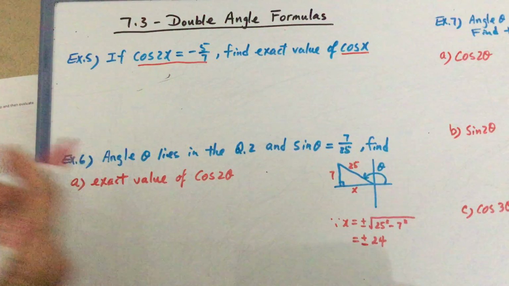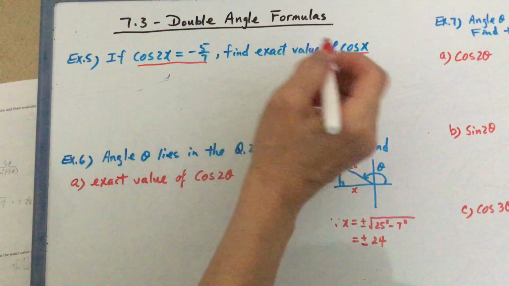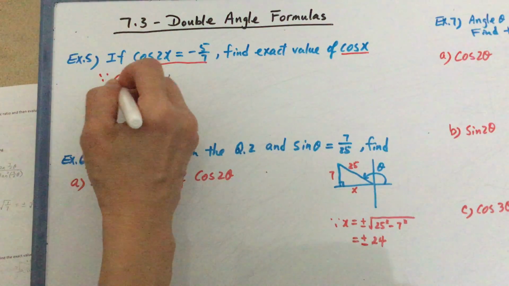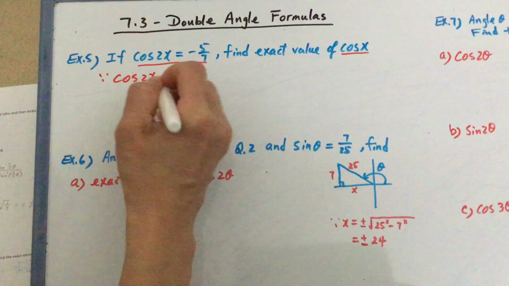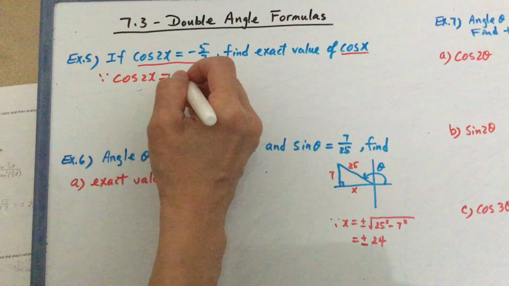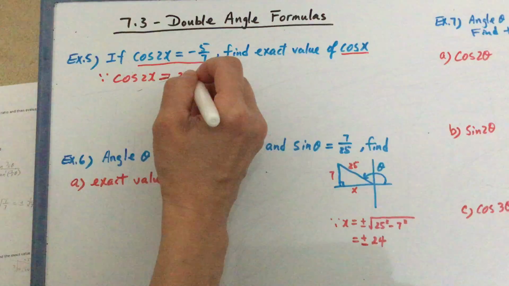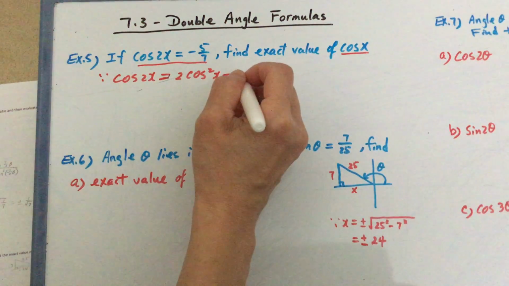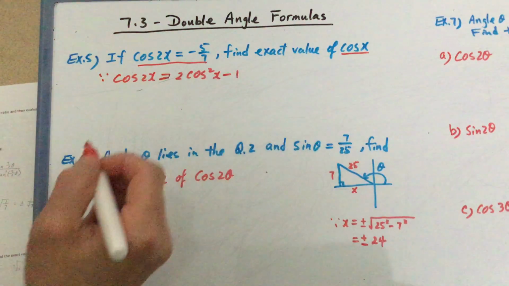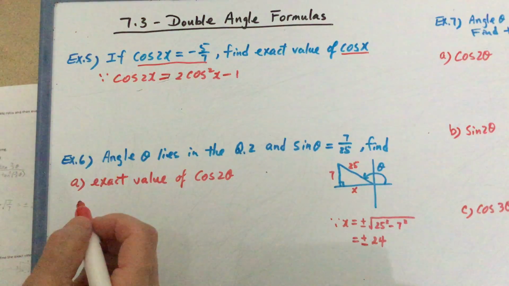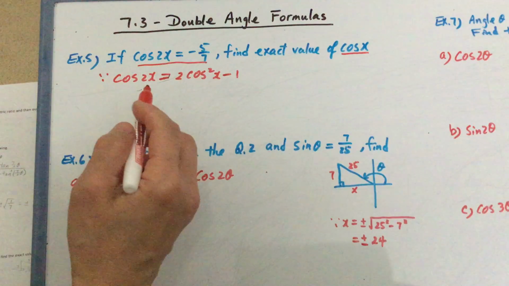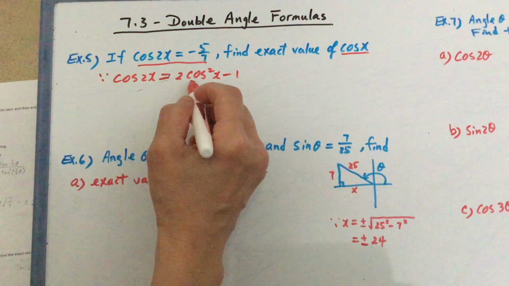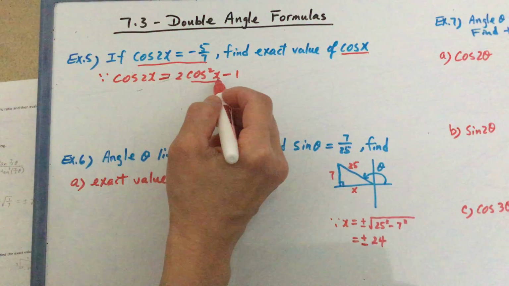Since we're looking for the cos of x, I will bring out the double angle formula using this one instead of the first one or the other one with the sine square theta. The reason is because I'm looking for the cos x. So with this one, I can solve for this.